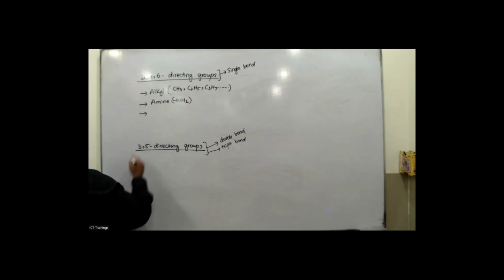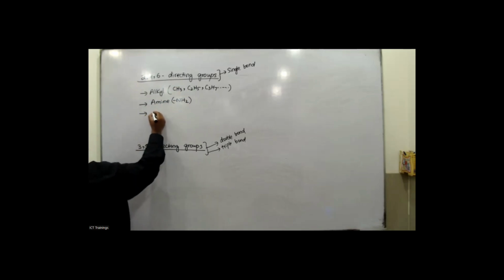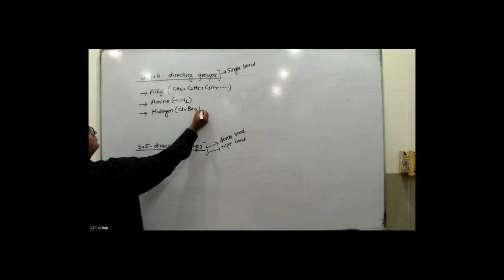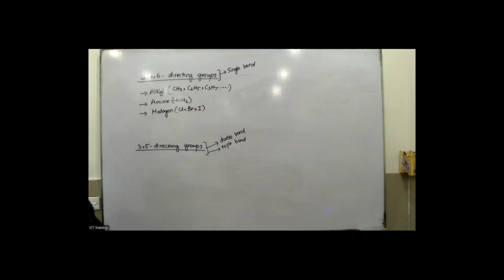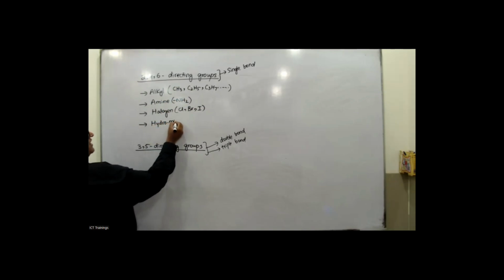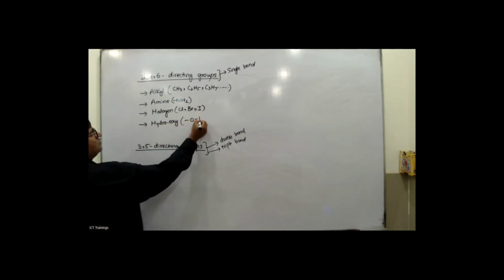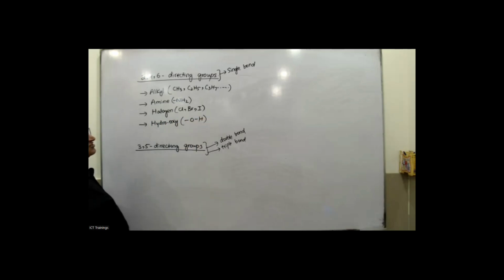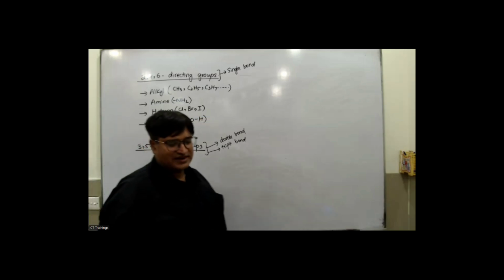The third one is the halogen group: chlorine, bromine, iodine. They also form single bonds, so they are also 2, 4, 6 directing groups. The last one is the hydroxy group, or alcohol group, OH. It also has a single bond, so this is also a 2, 4, 6 directing group.